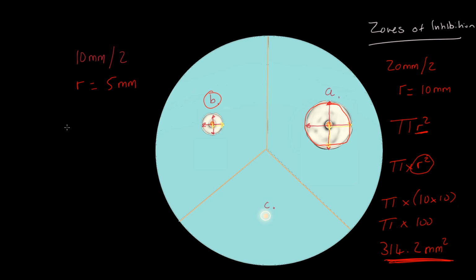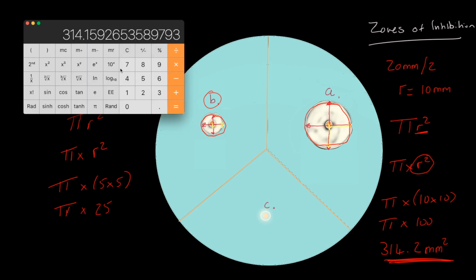Now again, how do we do this? We do pi r squared. Just to remind you, what this actually means is pi times r squared. That's going to mean pi times 5 squared, which of course we know is 25. So we want to do a calculation of pi times 25, and that's going to give us this zone of inhibition, this area calculation.